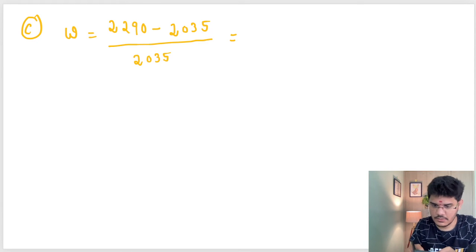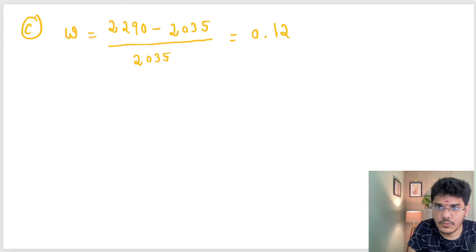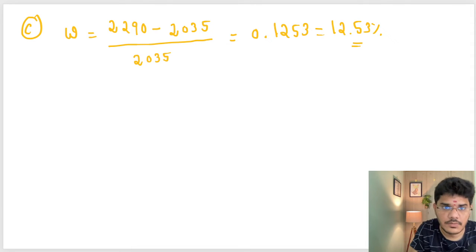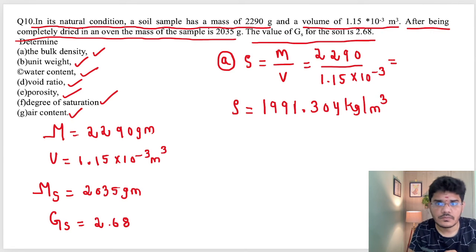Now I am calculating 2290 minus 2035 divided by 2035. So 0.1253, that is nothing but 12.53%.